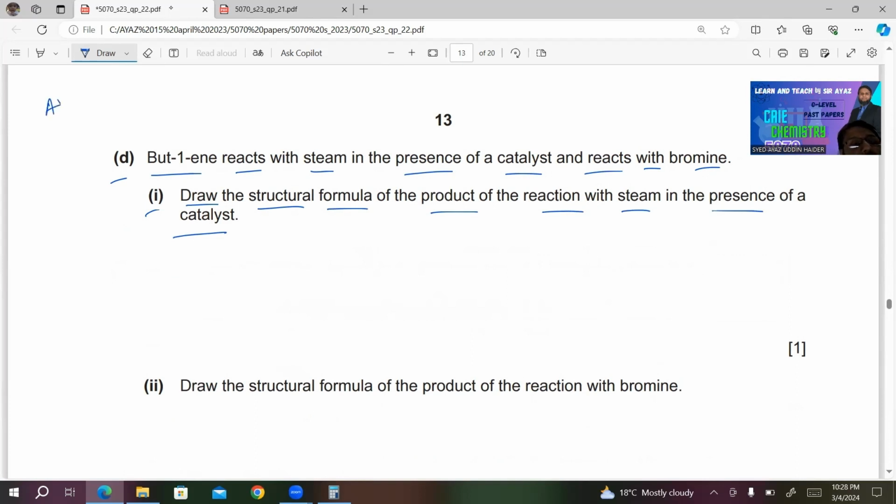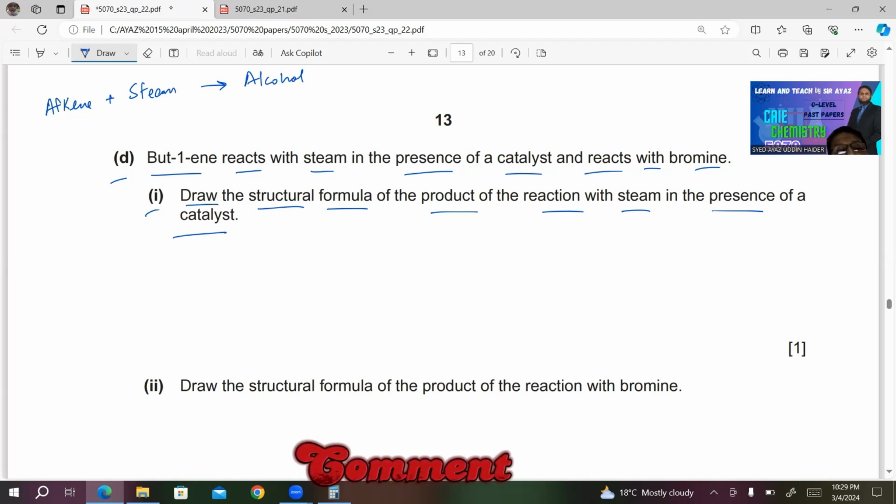When alkenes are reacted with steam, we will get alcohol. So in this case, we must get butan-1-ol, butanol.